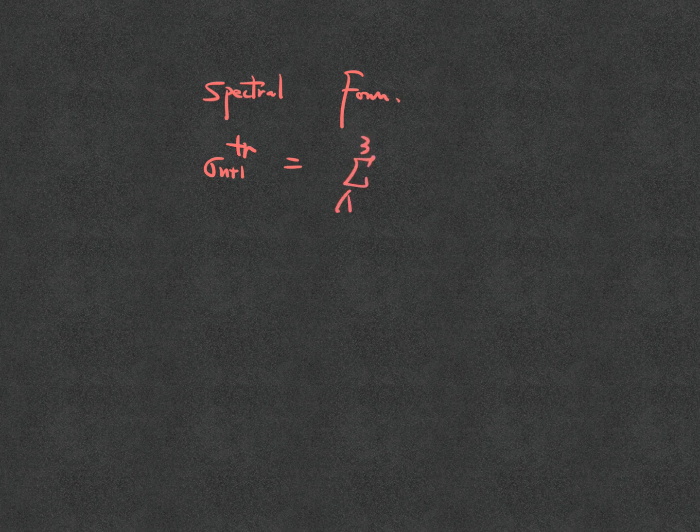We need to use the spectral form. What is the spectral form for sigma n plus 1?